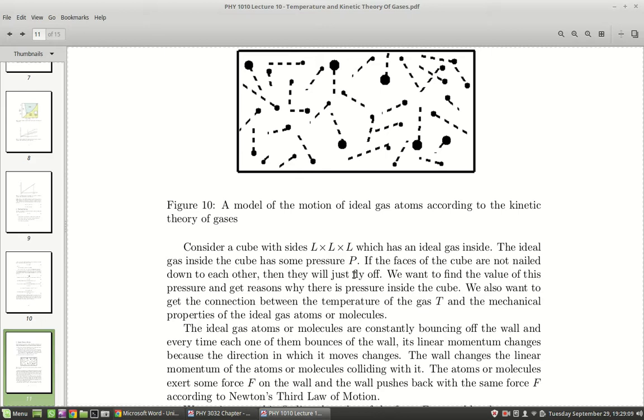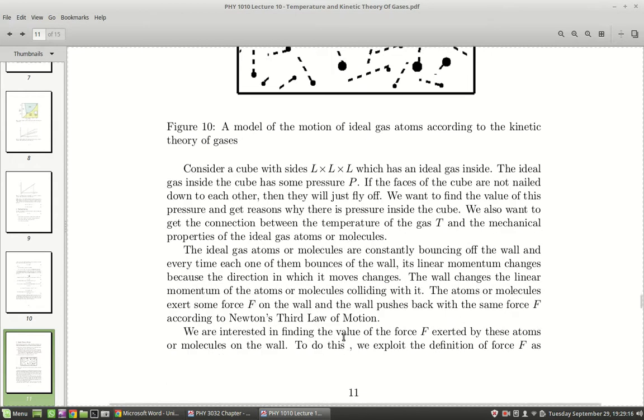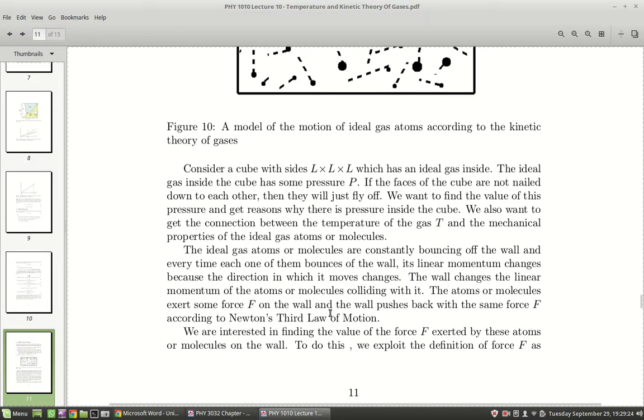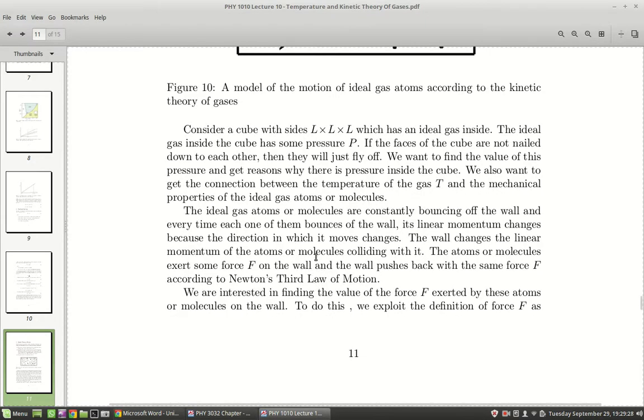So this cube has each side having a length of L. Then next, we consider that this cube is filled with gas atoms, and there are n of these gas atoms, and all these n gas atoms are moving in random directions, basically like that.